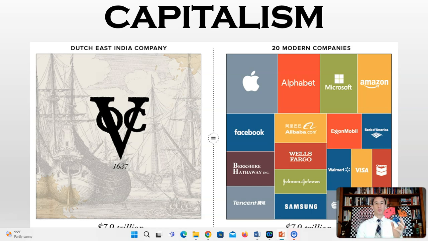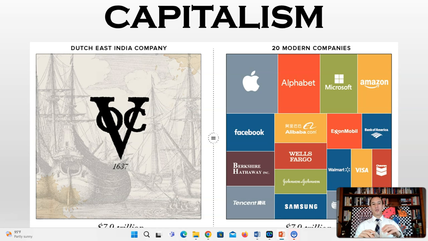So Western Europe will develop a more capitalist system, and the two countries that will especially benefit from it are the Dutch and the British. In fact, the Dutch create what I think is the most profitable company in all of human history, the Dutch East India Company.